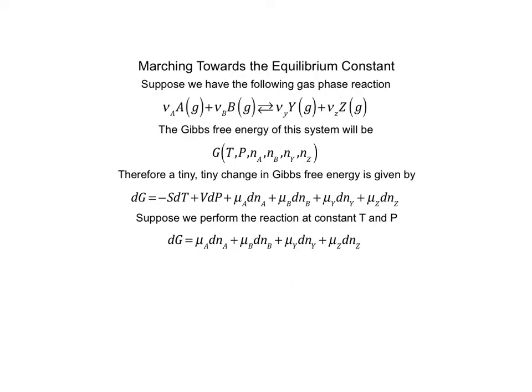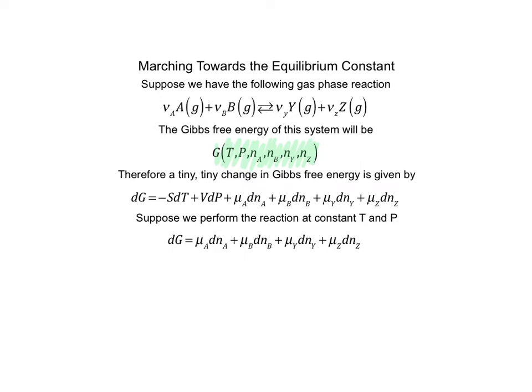Okay, so we talked about this in the last video. The Gibbs free energy of the system is a function of temperature, pressure, and the number of moles of each of our components in our reaction. And so we can say that dG is given by this big long equation.